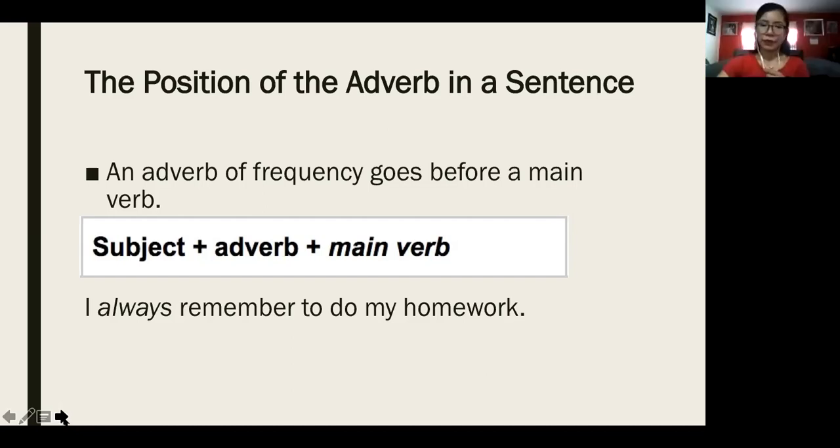No, thank you. Okay, so now it's time of participating. Ilse, can you give me an example of the use of adverb? I never do exercise. Perfect. Danny? I always eat an apple in the morning.